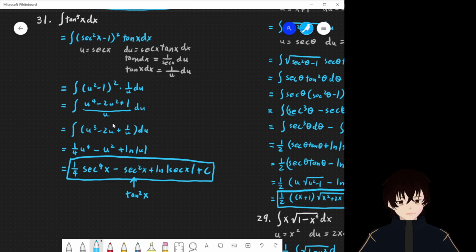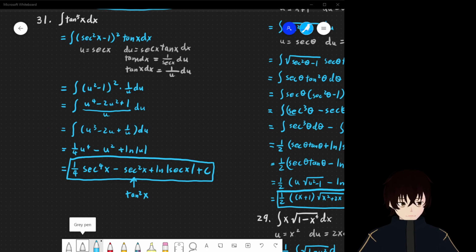Yeah. What could I have missed? Yeah, that is the wrong keybind.